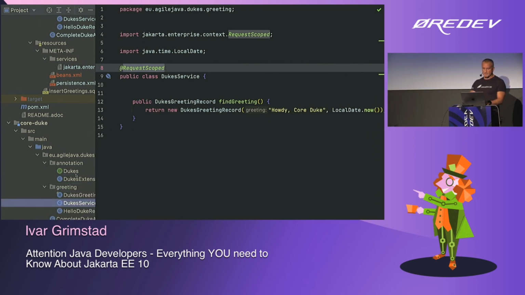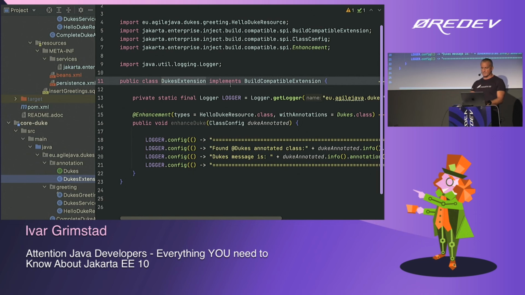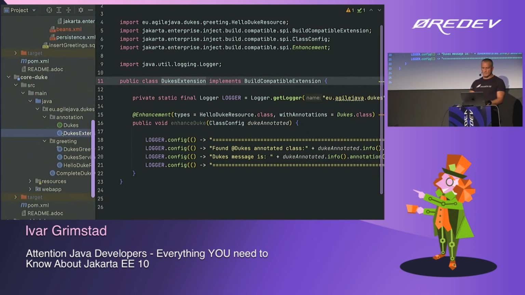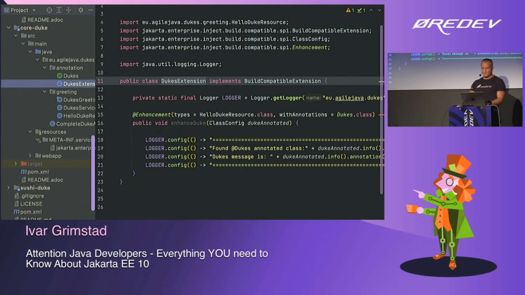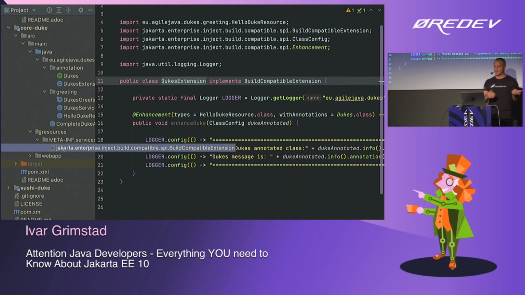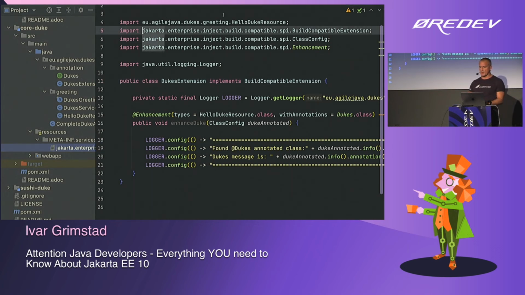The difference is with the extension, and one difference is the bootstrapping. And you can see here, the bootstrapping file is called Jakarta Enterprise Inject Build Compatible SPI Build Compatible Extension. Now, you don't have to remember this if you're creating this file manually. It's the same as the package name of the extension you're implementing.